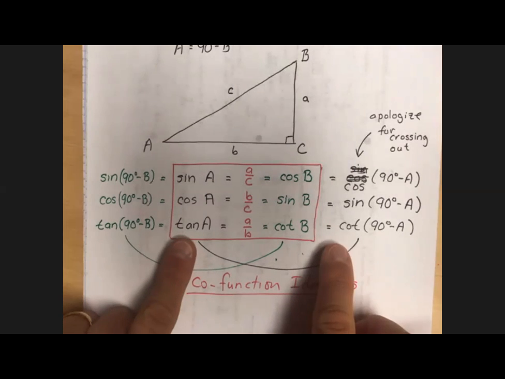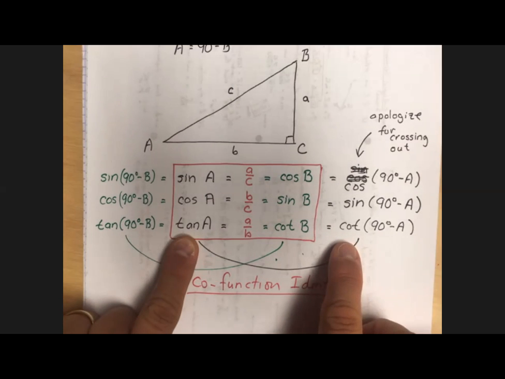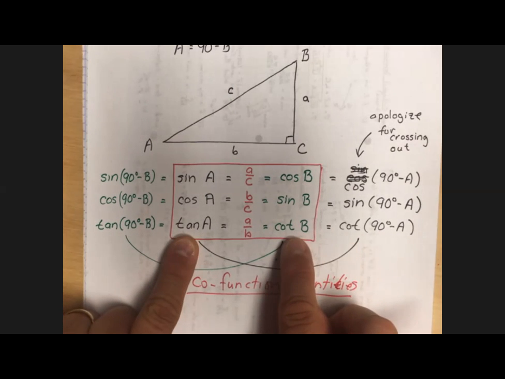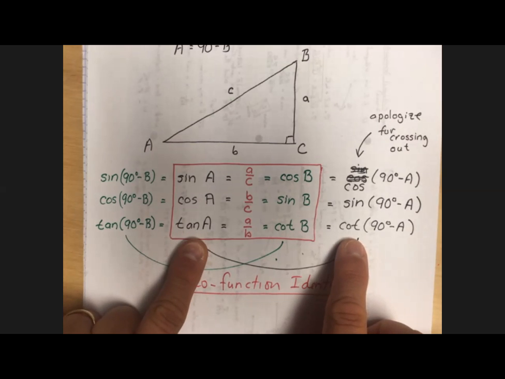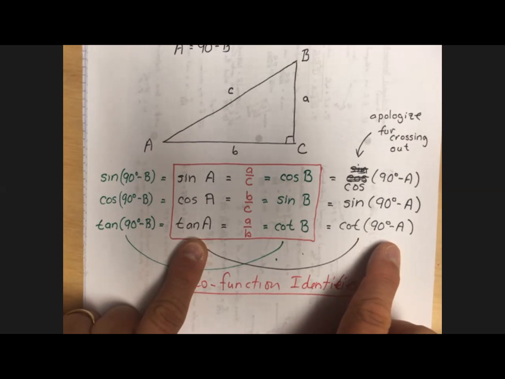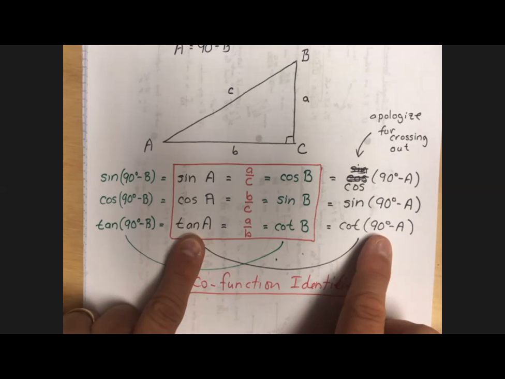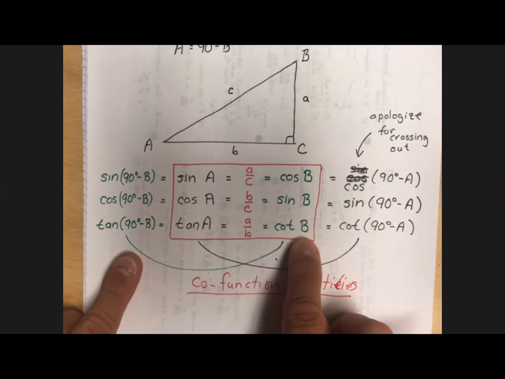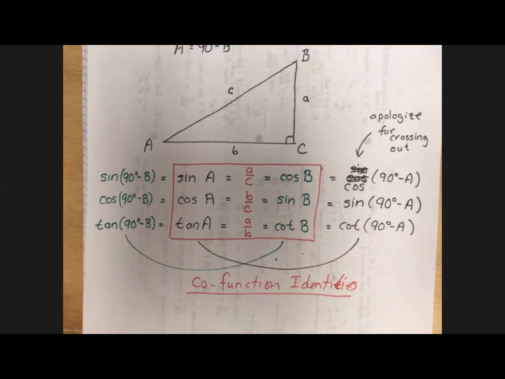Cofunction identities, because tangent of A is the cotangent of B, or tangent of A is the cotangent of 90 minus A. You can always replace one of these black things with one of these black things. You can always replace one of these green formulas with one of these green formulas if you wanted to.